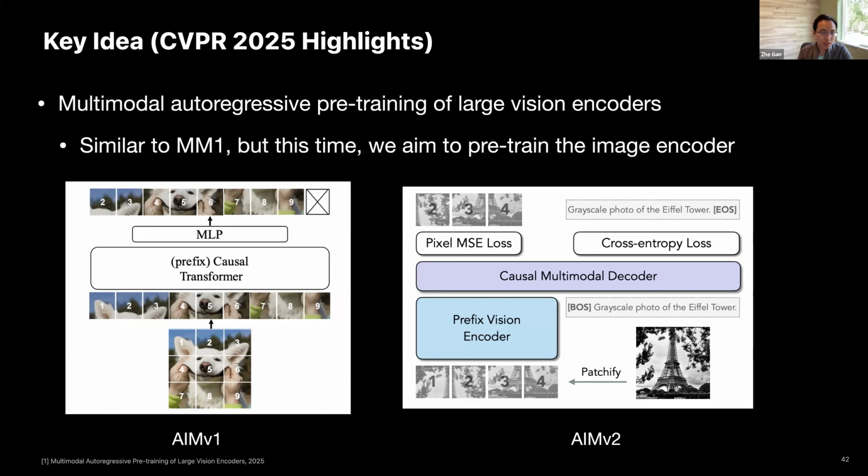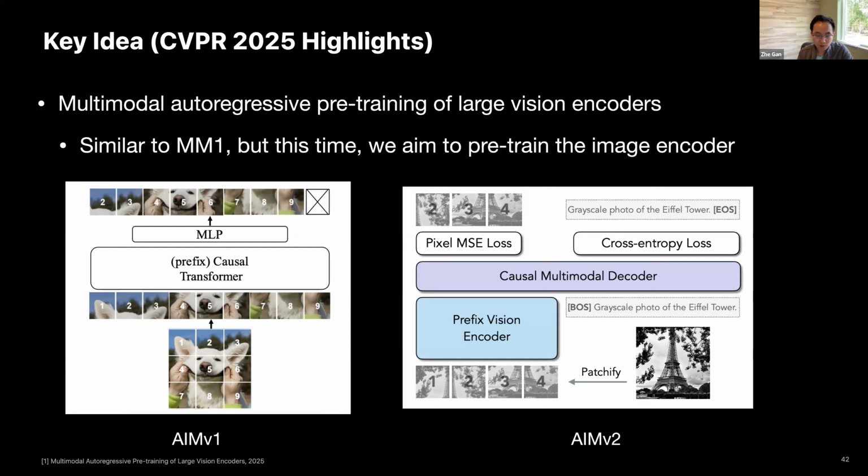In AIM v2, you can consider this very similar to MM1. But this time, instead of training the multimodal LM itself for multimodal understanding, let's randomly initialize the image encoder, and the target is to pre-train the image encoder itself. Then everything makes sense.